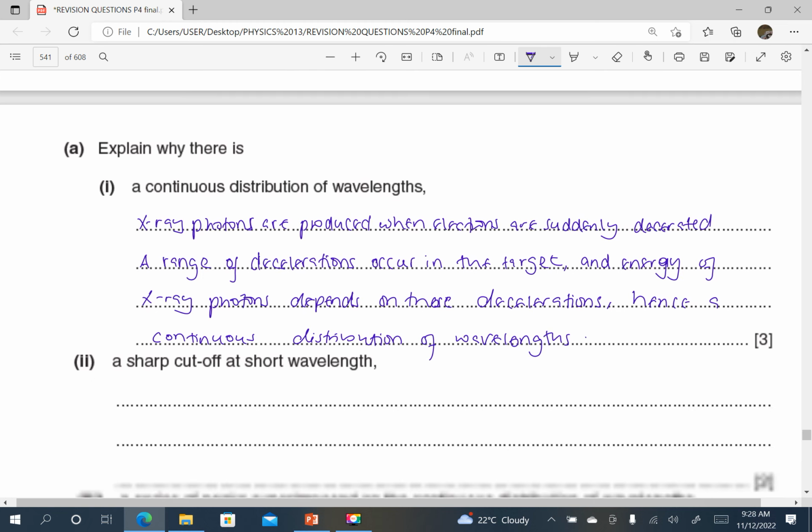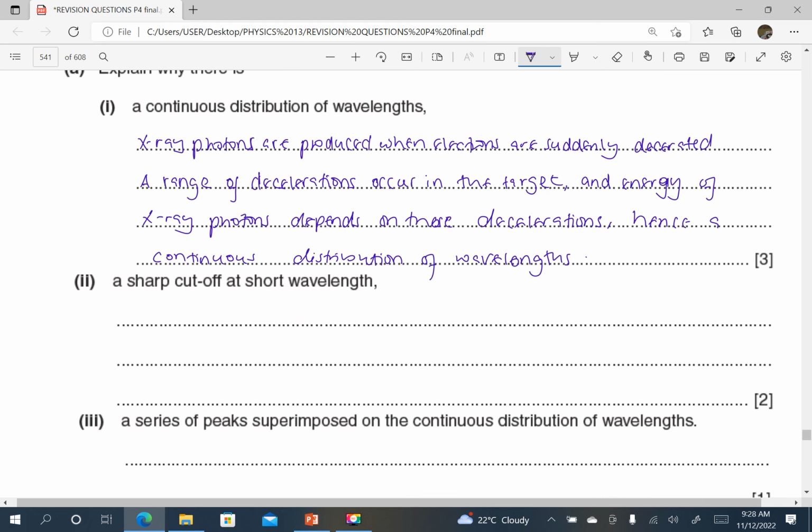Okay, so that is why we have a continuous background, then a sharp cut off at short wavelength. Of course, this is the shortest wavelength.